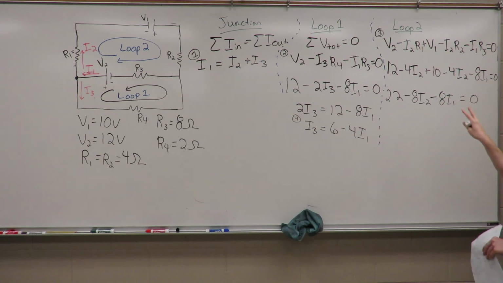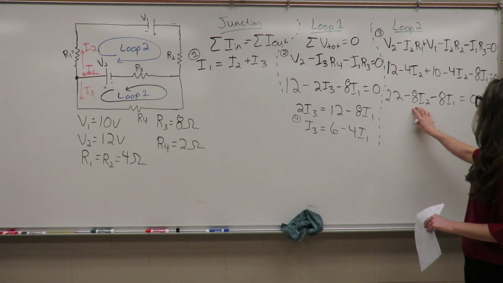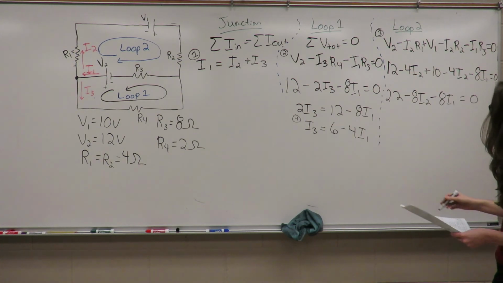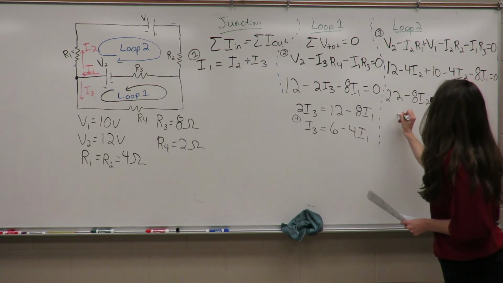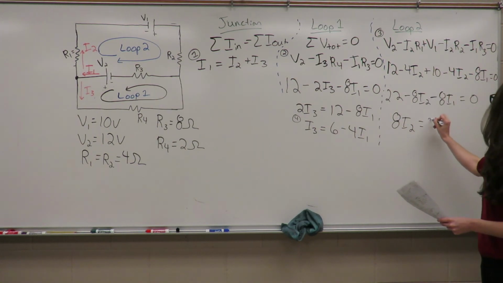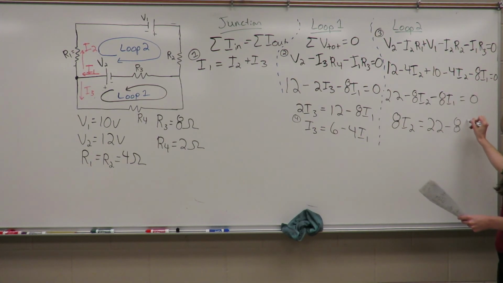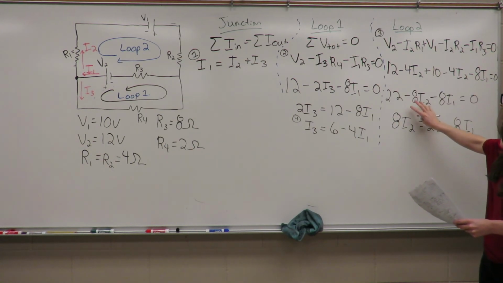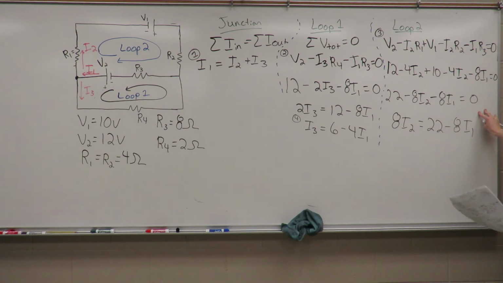Now I'm going to solve this equation and get I2 on one side of the equation. And so if I do that, then I have that 8I2 is equal to 22 minus 8I1. So I've taken negative 8I2 and I've added that to the other side of my equal sign.